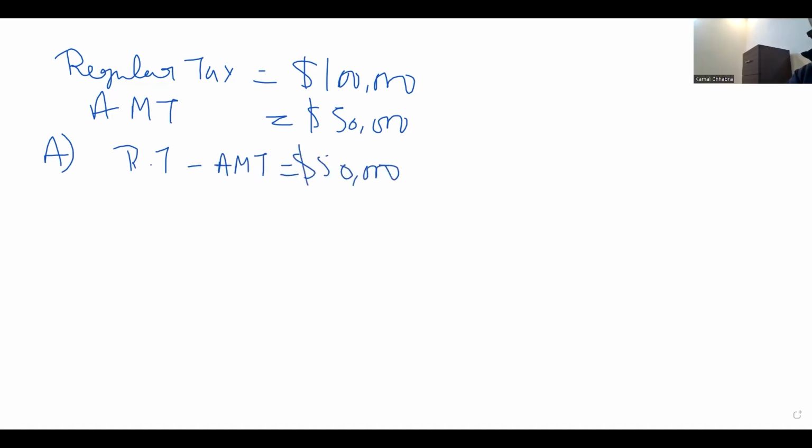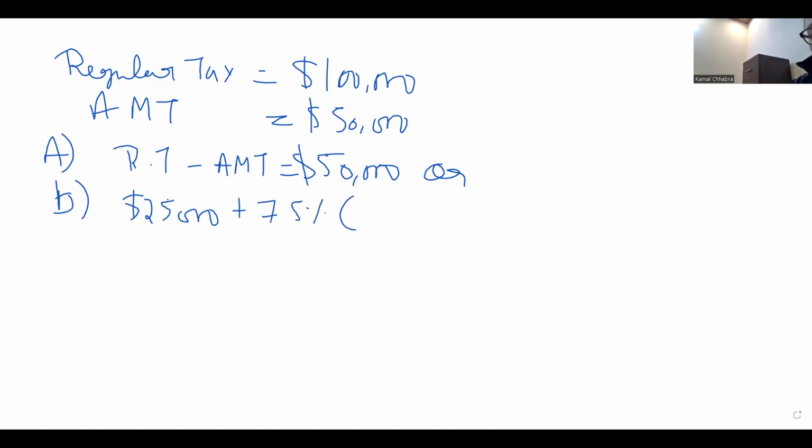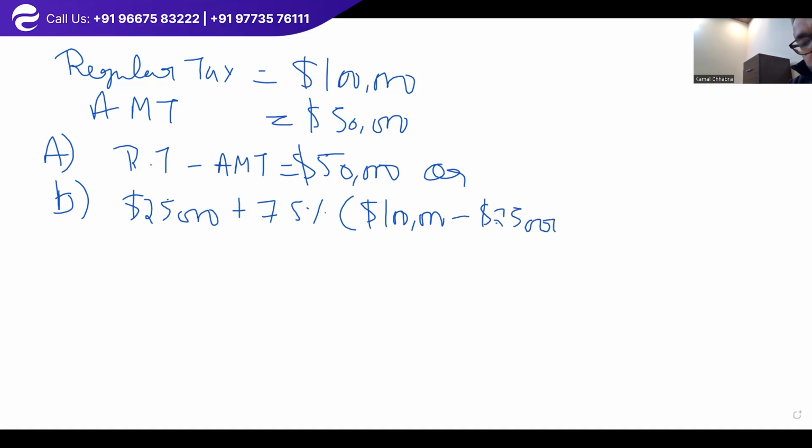Or the B point says $25,000 plus 75% of regular tax, $100,000 minus $25,000. How much is this?